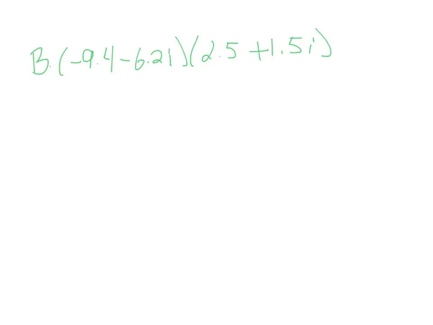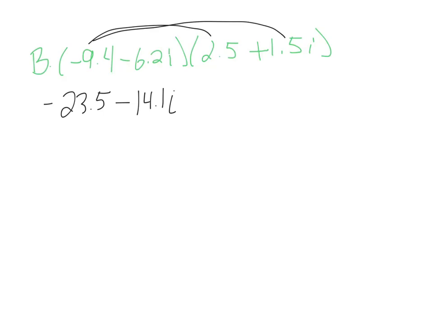All right, for this next problem we're going to FOIL to multiply here. So we've got negative 9.4 times 2.5. It's negative 23.5. And then negative 9.4 times 1.5 gives us negative 14.1i.